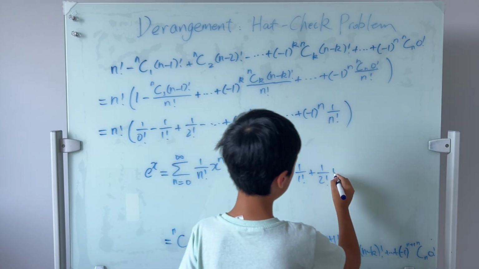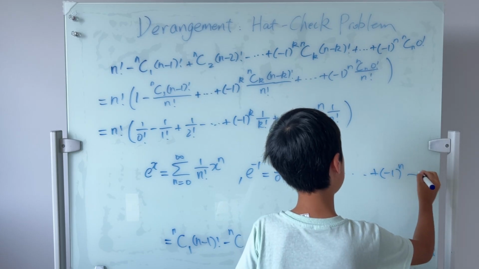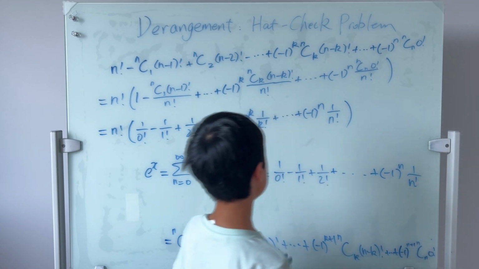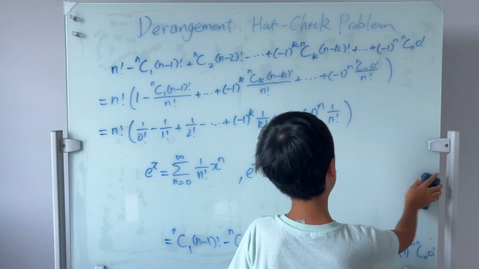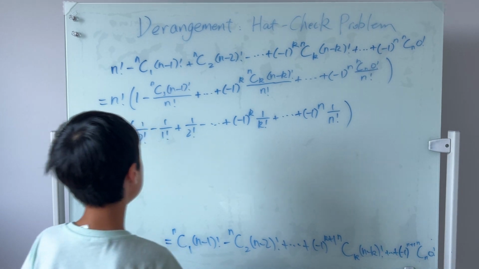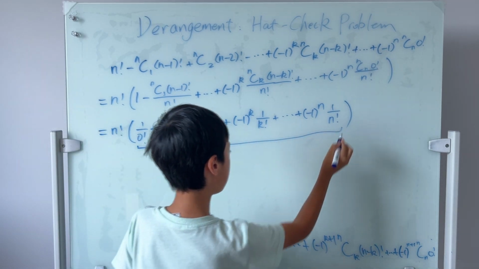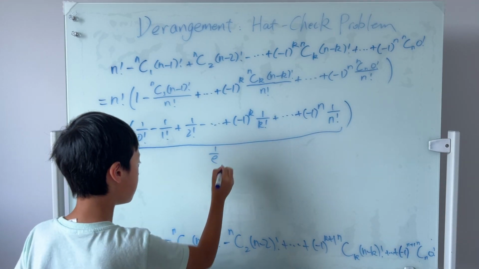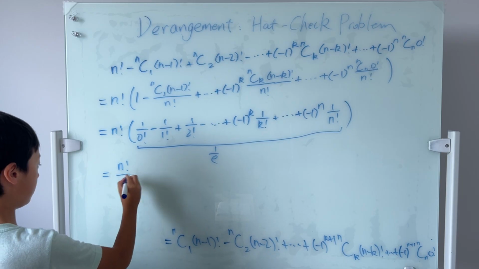And then, I think you know, it is the same. So, this being said, just keep this in mind, we see that this actually converges to 1 over e. So this whole thing is just n factorial over e.